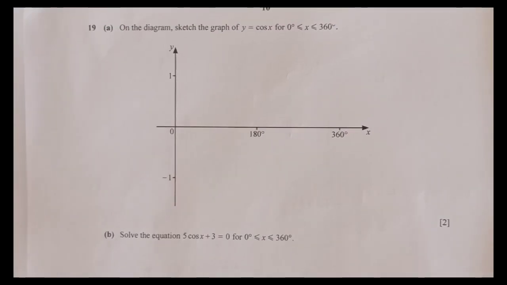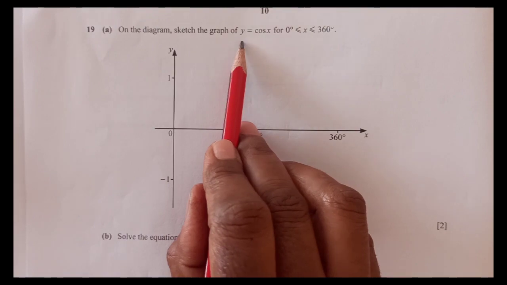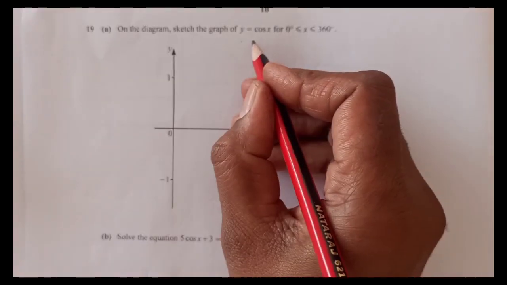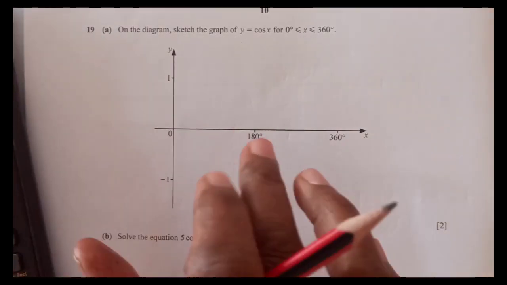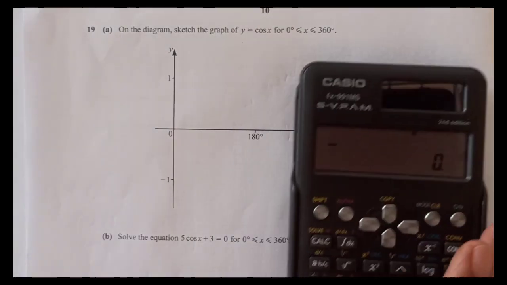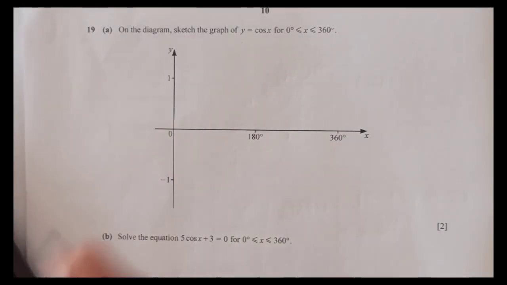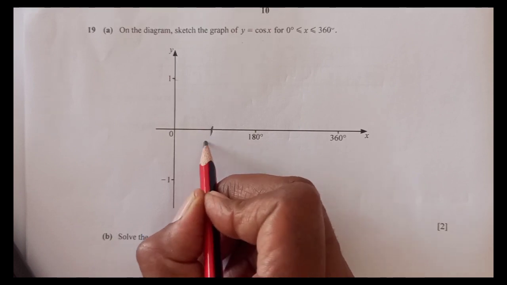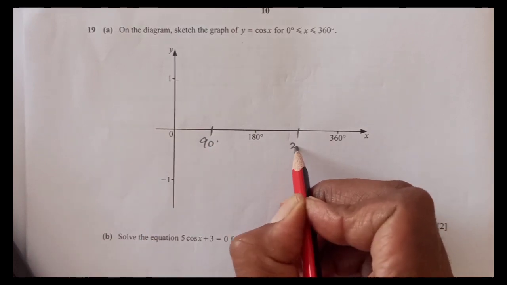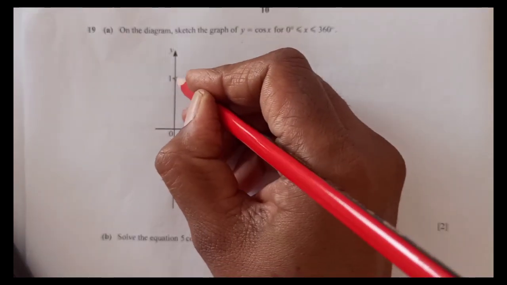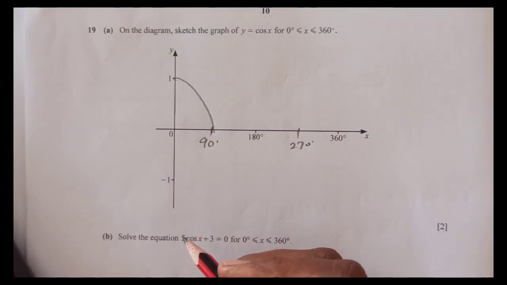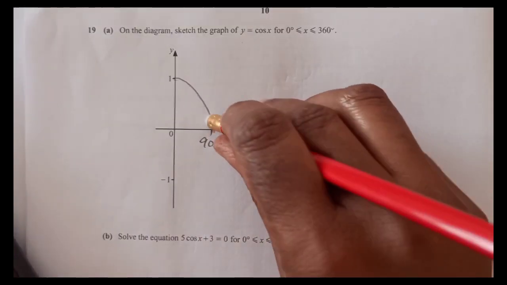Number 19, on the diagram, sketch the graph of y equals cos x. We are given this axis here. As you know, it's cosine, cos 0 is 1, right? So it is here, we will have 90 here in the middle, here we will have 270.